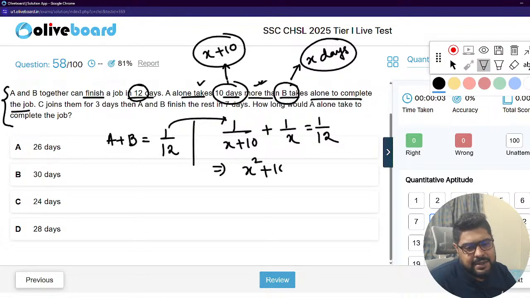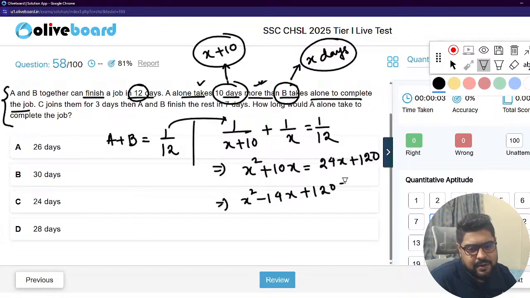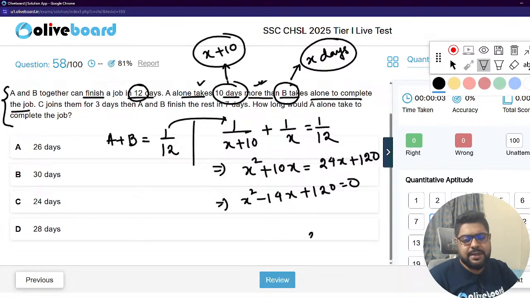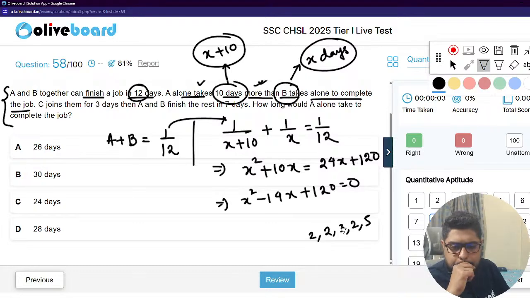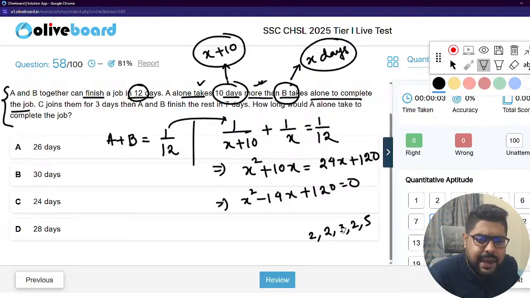x square plus 10x is equal to 24 times x plus 10, that means 24x plus 240. x square minus 14x plus 120 is 0, right? 120 means 2, 2, 3, 2, 5. 3 twos are 6, 3 fives are 15. Am I making any mistake here?